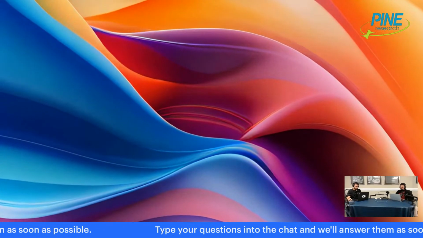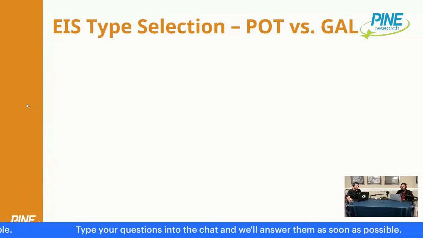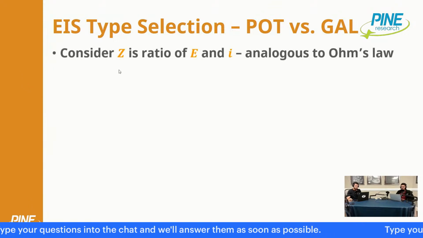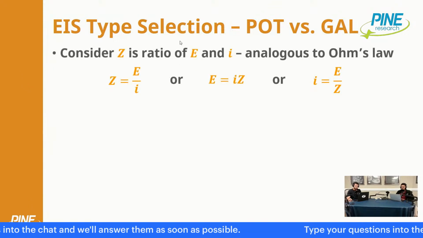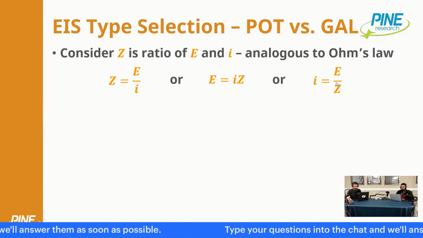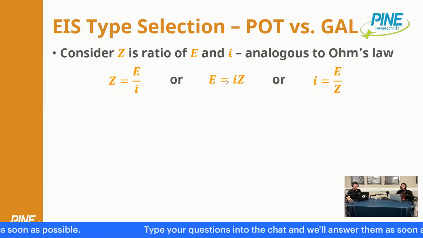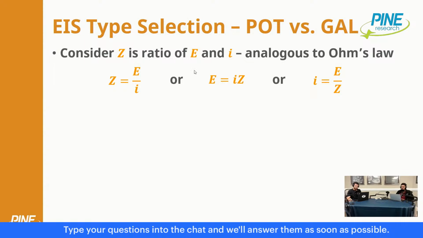Okay. So to that point, Alex mentioned, I'll just go through this really quickly. Think about Ohm's law when it comes to the amplitude: E equals IZ, V equals IR. This is the same thing.